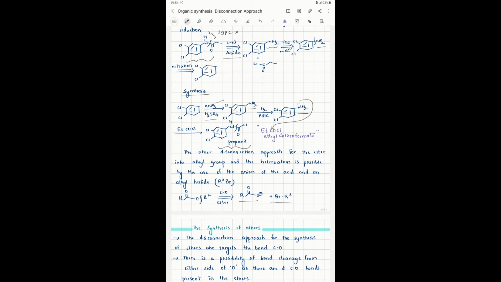But the other disconnection approach for the ester into an alkyl group and heteroatom is also possible by the use of an anion of the acid and an alkyl halide. But since this particular anion may be stable, may not be stable, we might avoid such systems.